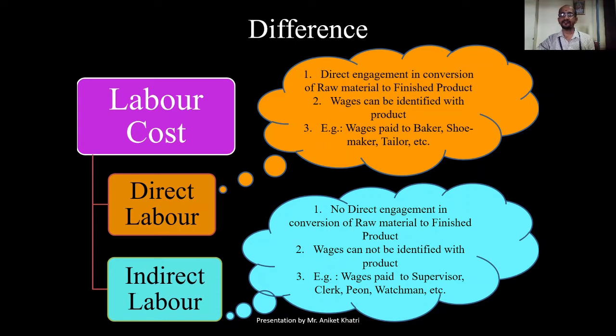So we can identify direct labor with the product, whereas indirect labor we cannot identify with the product. Examples of direct labor are wages paid to the banker, shoemaker, or tailor, etc. And examples of indirect labor are wages paid to supervisor, clerk, peon, watchman, etc.